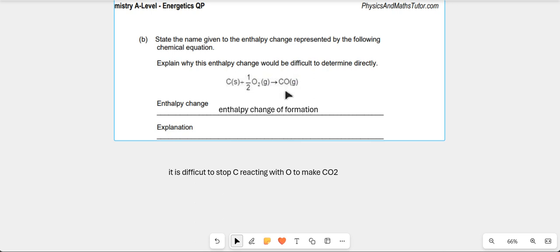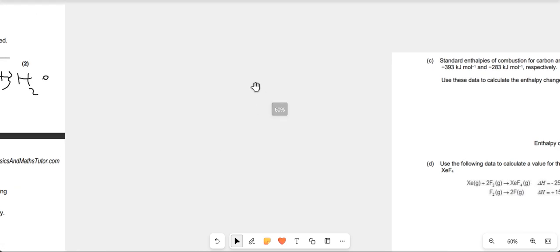So they want to measure the enthalpy change of C with O to create CO, but it would be very difficult to stop it from creating CO2 instead of CO, which would mess up the whole experiment, and it's difficult to prevent that. So that's why they can't just measure this enthalpy change directly.